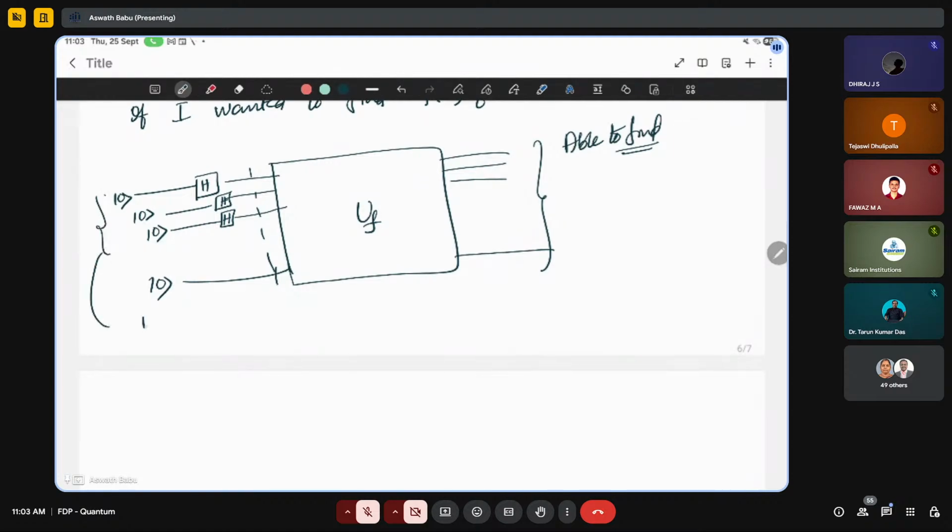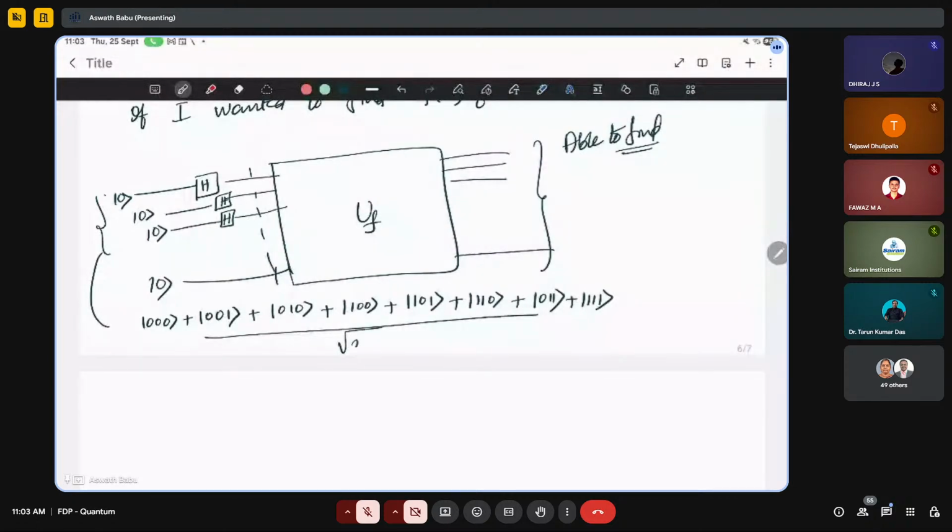You will have 0,0,0 plus 0,0,1 plus 0,1,0 plus 0,1,1 plus 1,0,0 plus 1,0,1 plus 1,1,0 plus 1,1,1, divided by square root of 2 to the power of 3. Remember, earlier it was square root of 2 to the power of 2, which is actually 2. Here, square root of 8 is the normalization factor, 1 by square root of 8. So this is the query part.